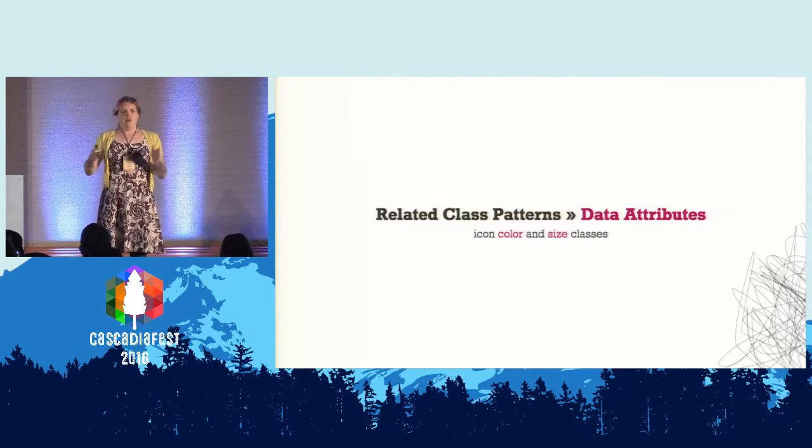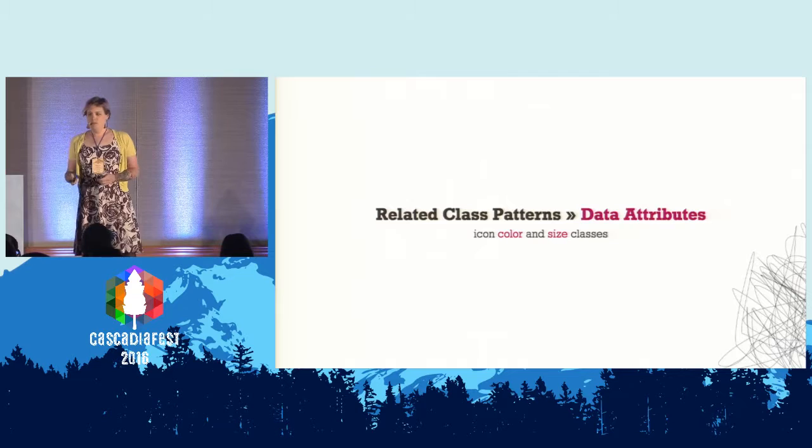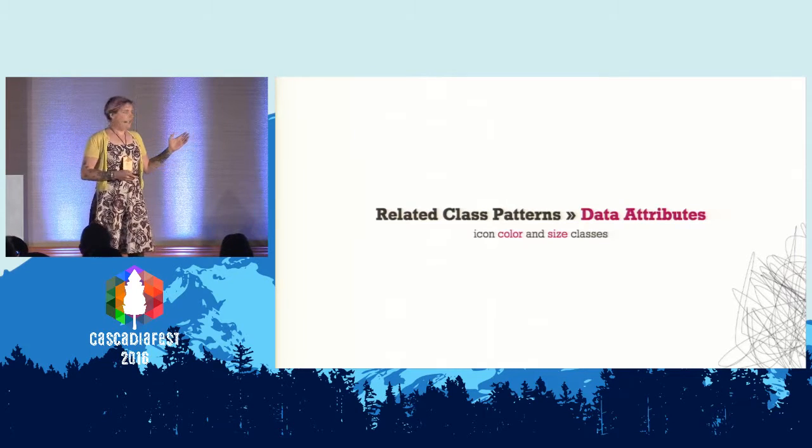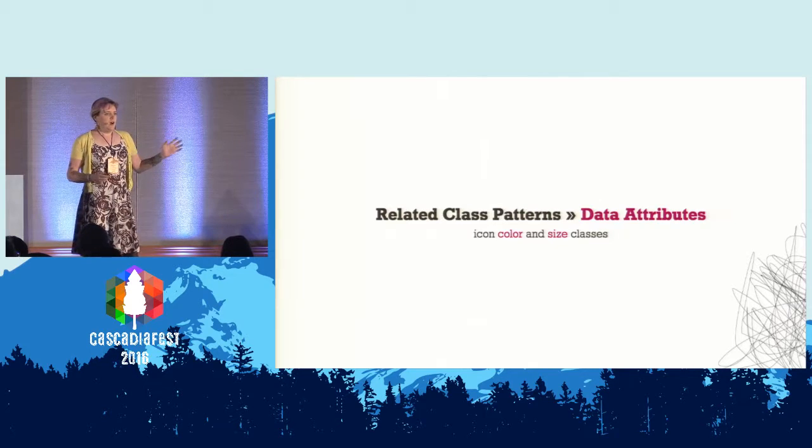When I have several classes that are in the same system, so they had a small class, a medium class, and a large class, something like that, I would put those into a data attribute. And that, again, makes it clear, both in a computer-readable way and a human-readable way, that these things are part of one system. They're grouped.